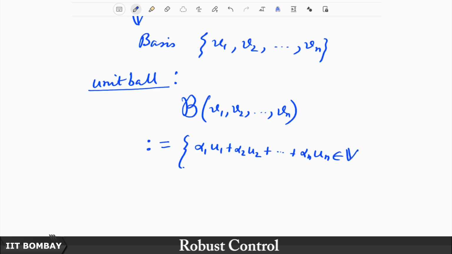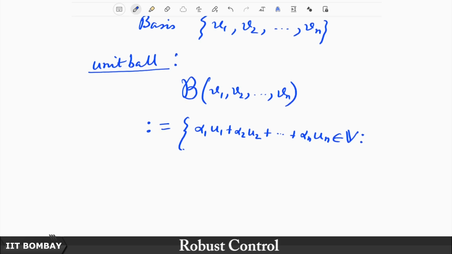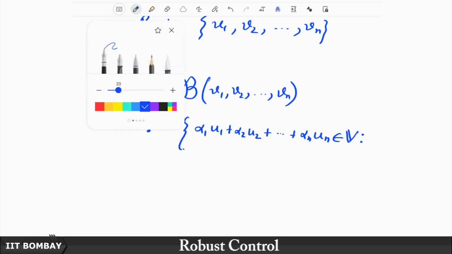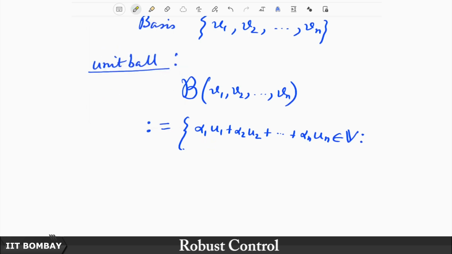In the first place, every object in this unit ball is a linear combination of the objects of the basis. So, that means it is naturally an element that belongs to this vector space, but apart from that we constrain it. So far we have not constrained anything. If you just cast your attention on what we have used so far, in this part of the definition it is nothing special. Anything that satisfies this property will definitely belong to this vector space V. So, this is nothing new here.